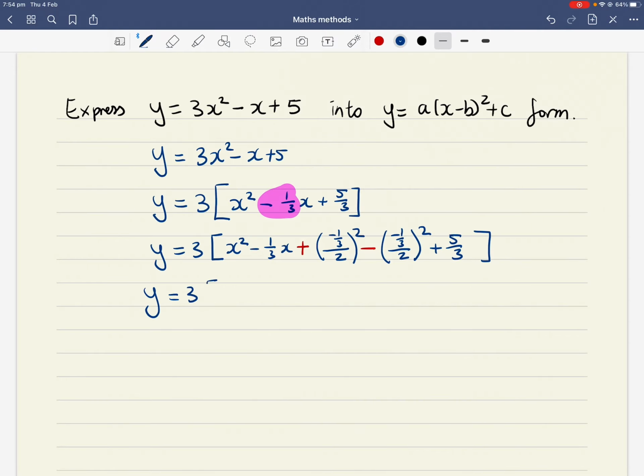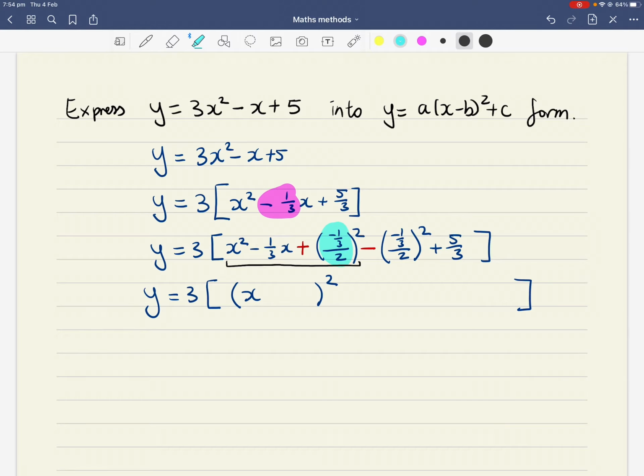Y equals the 3 outside the square brackets stays the same, because we're still completing the square inside the square brackets. So to complete the square, the magic happens in the first 3 terms. So that's where we have the bracket all squared to get a perfect square. X, whatever goes inside is what's inside the square bracket part.